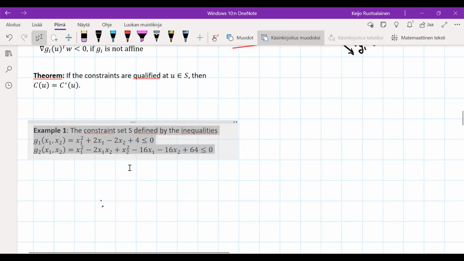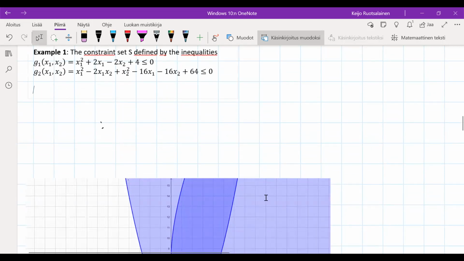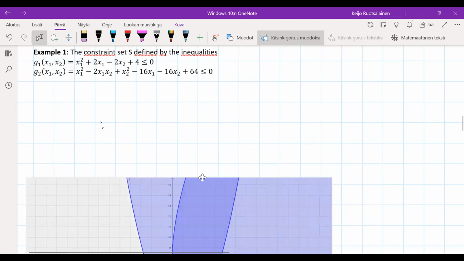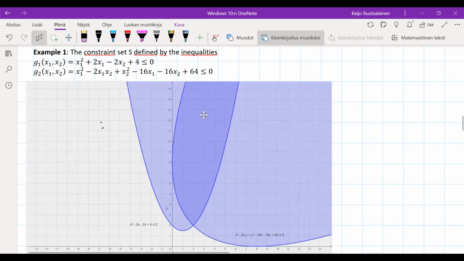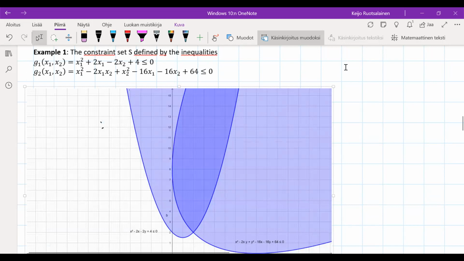So let's take some examples. So I have here drawn two parabolas, so we have two conics. The first one is defined by x1 squared plus 2 times x1 minus 2 times x2 plus 4 is less than 0.